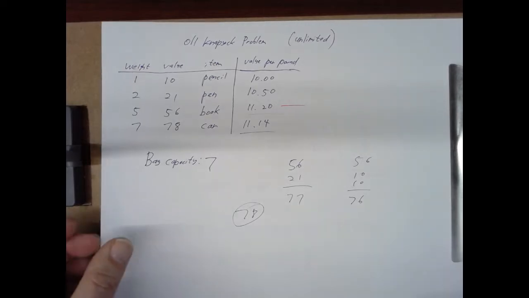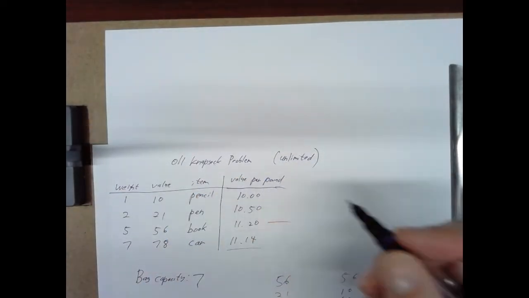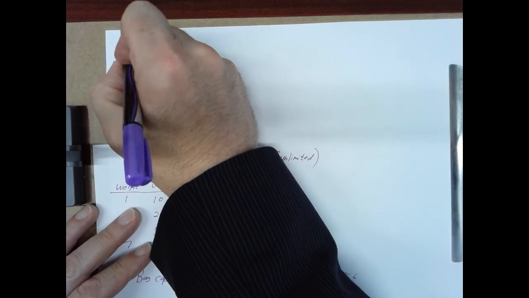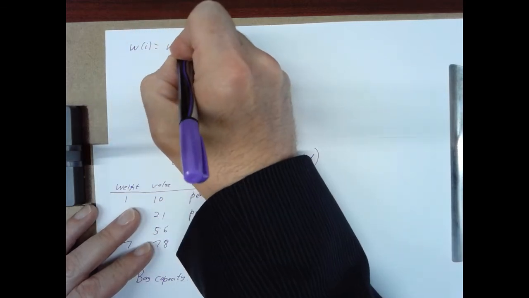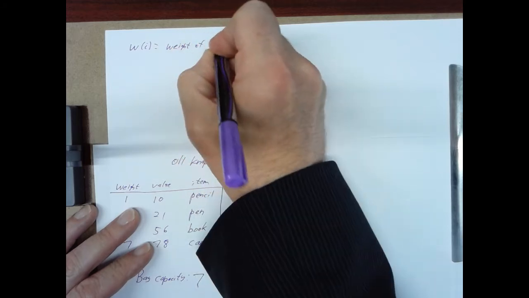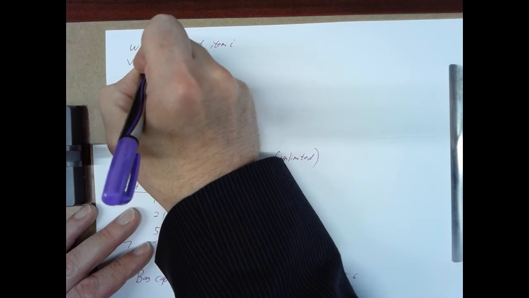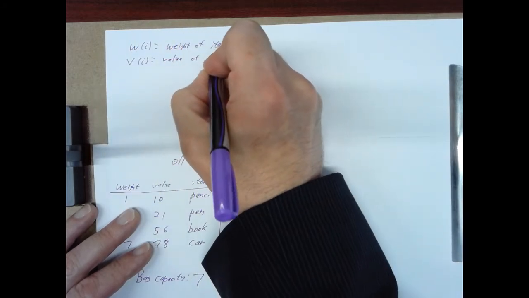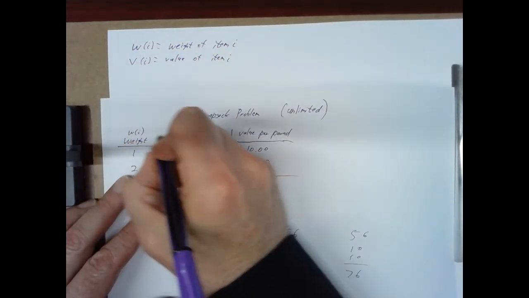So let's find a general solution. W_i equals the weight of item i, and V_i equals the value of item i. So this is our pricing table.